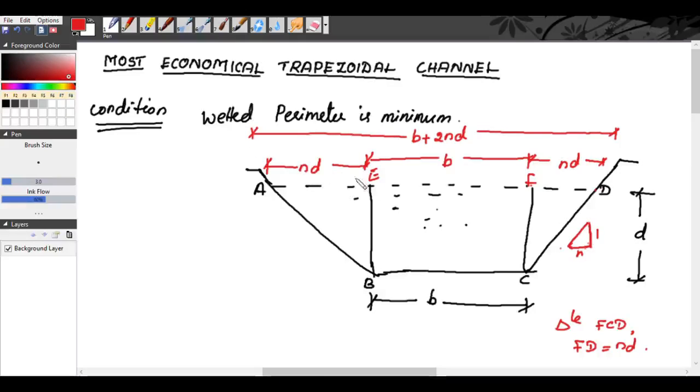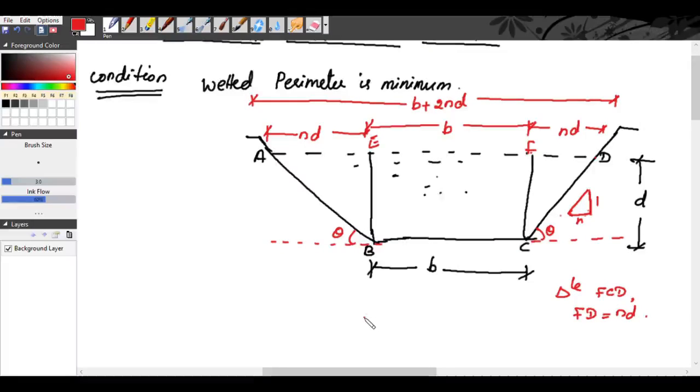Now let us take this angle as theta. So if this angle is theta, what is this sloping side? So side slope CD will be equal to square root of D square plus ND square.